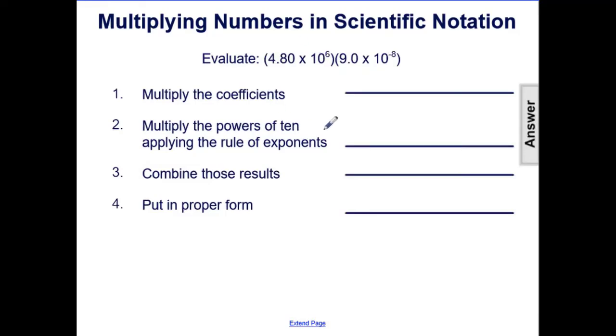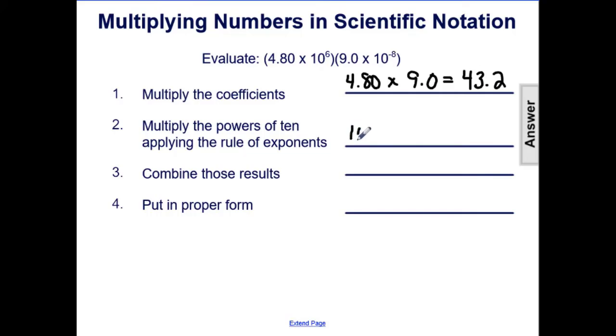We have 4.8 times 10 to the 6th and 9.0 times 10 to the negative 8. So first we're going to multiply 4.8 times 9.0, our two coefficients, which will give us a new coefficient of 43.2. We're then going to multiply the powers of 10, applying our rules of exponents where we add them.